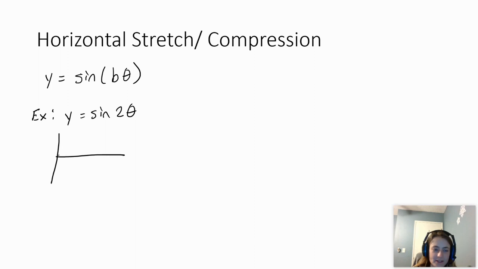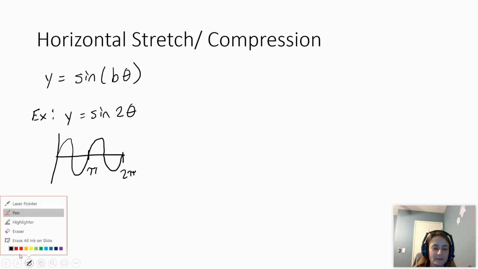So it squishes it so that instead of making one rotation in between 0 and 2 pi, it actually does 2 in between 0 and 2 pi. That means that its new period, which is just one copy of it, is in between 0 and pi. So it changes the period to pi.